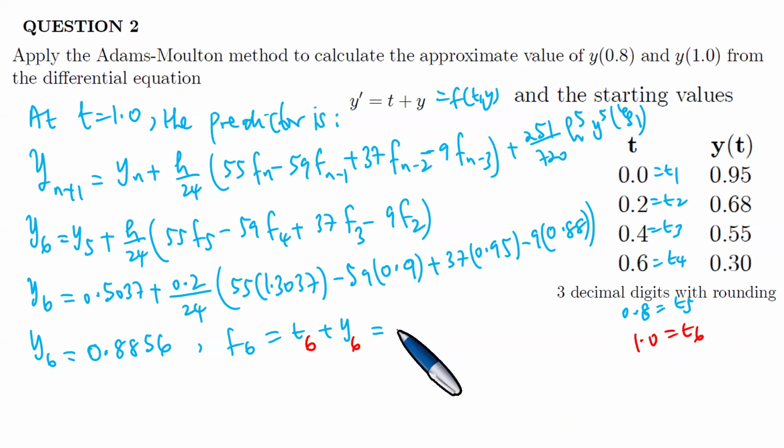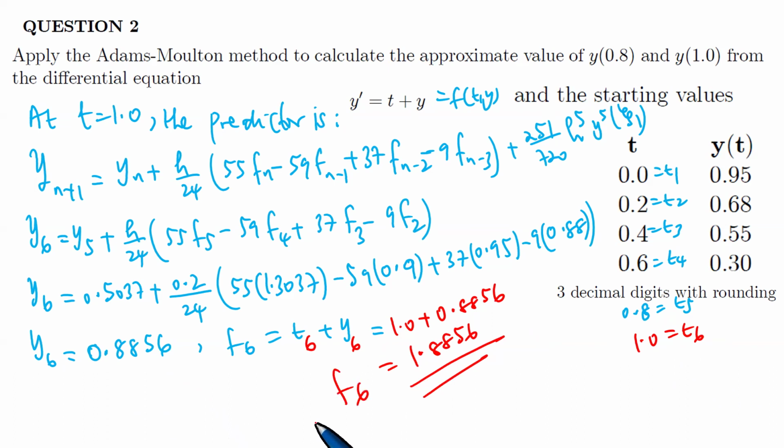So now you say t6, which is 1.0, plus the y6. At this point, we have obtained y6, which is 0.8856, and the sum would be 1.8856. So this has given us F6.